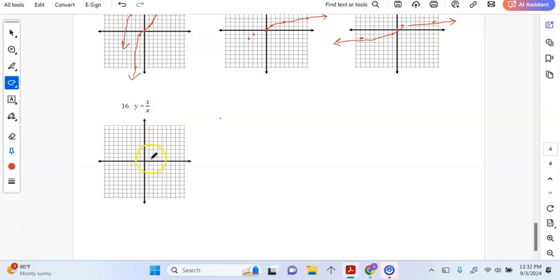If I input 1, what's the y? If I input 2, what's the y? What if I input 1/2? Dividing by a half is the same thing as multiplying by 2, so if I input 1/2, I get 2 as the output.